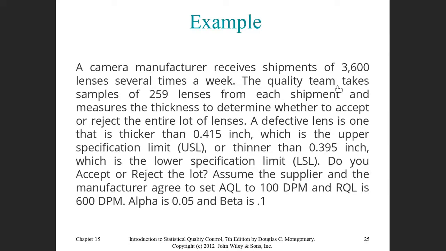The quality team takes samples of 259 lenses from each shipment and measures the thickness to determine whether to accept or reject the entire lot. So the criterion here is the thickness. You can see that thickness is variable data, not attribute; it is a dimension, in centimeters or millimeters. So this is the criterion for how you are going to reject or accept.